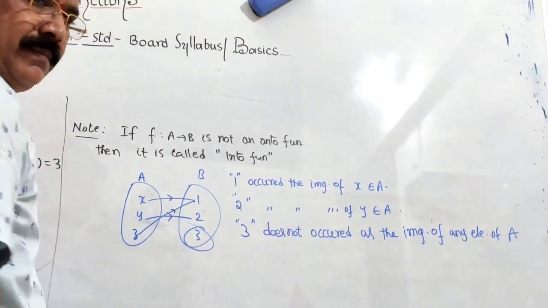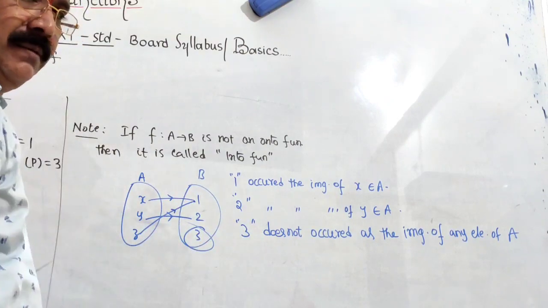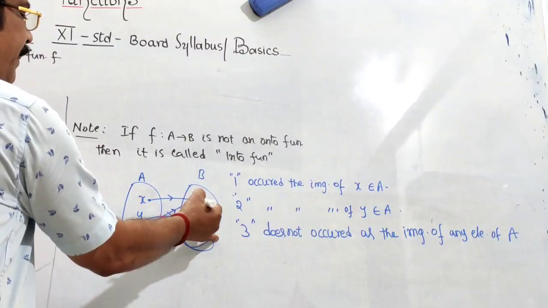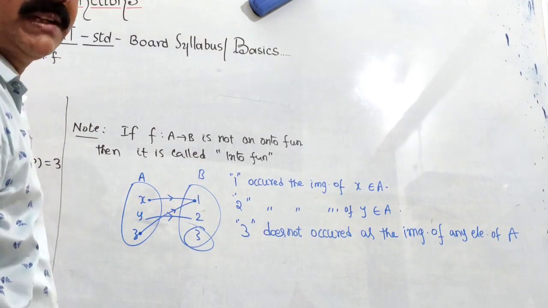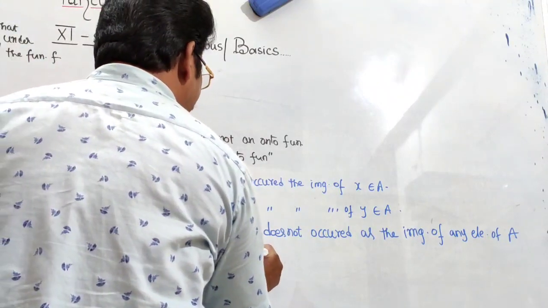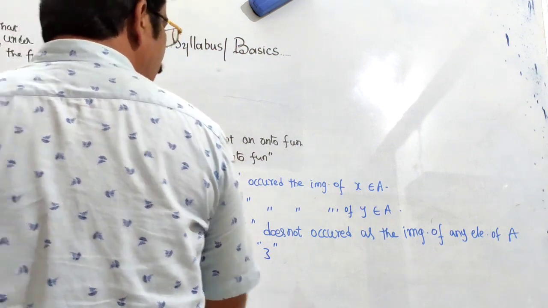It is a function, right? It is not one-one function, because two different elements are mapped with only one element. Next, for 3 there is no image, meaning no pre-image.